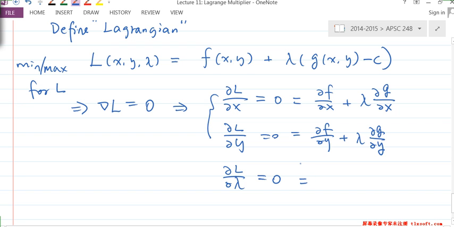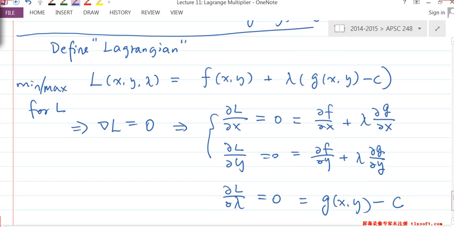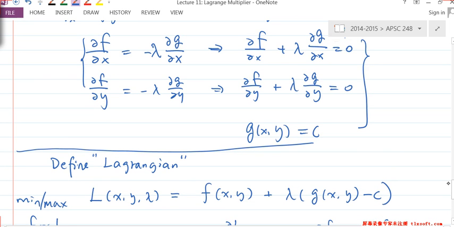The third one, what is the partial L over partial lambda given this expression? g of x, y minus c. So 1, 2, 3. Now guess what? This 3 and this 3 will do the same, right?